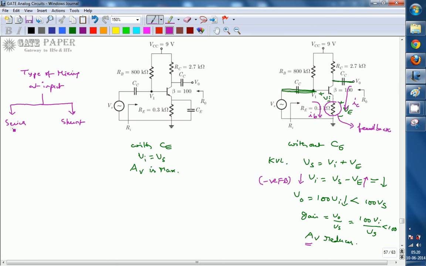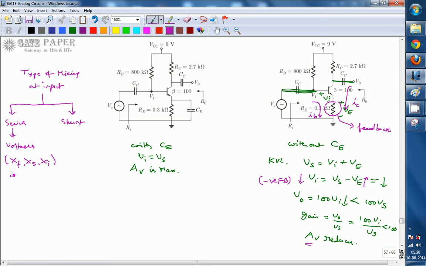In series mixing, the parameters are voltages, so the feedback signal is also a voltage. Generally we specify it as XF, with XS the applied input signal and XI the effective input signal.